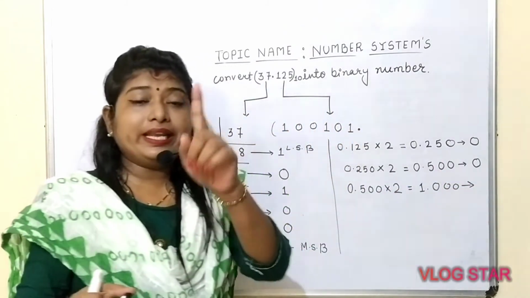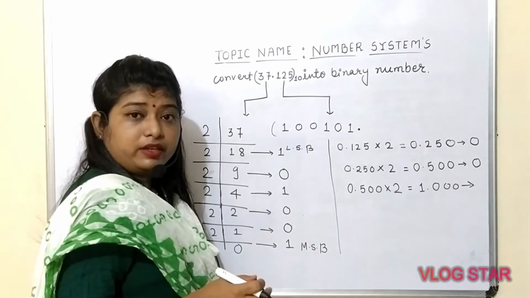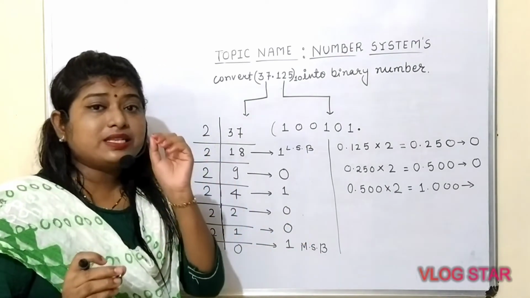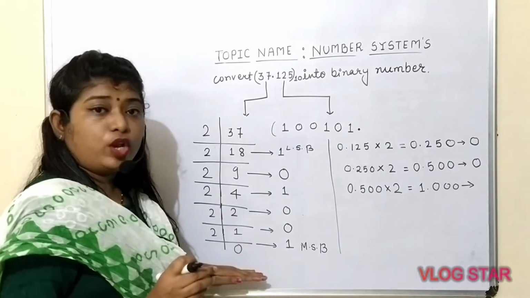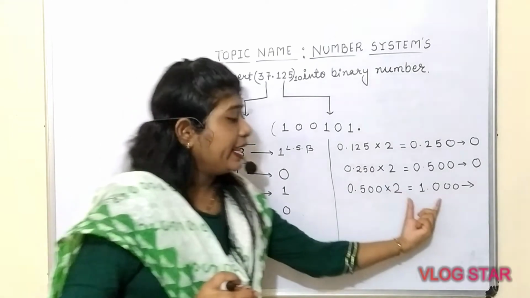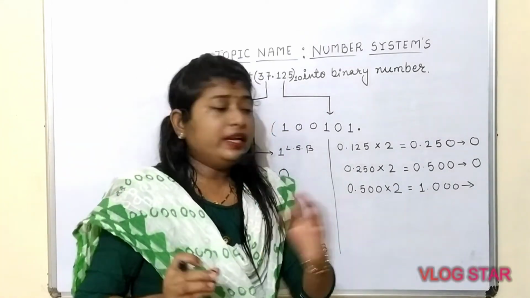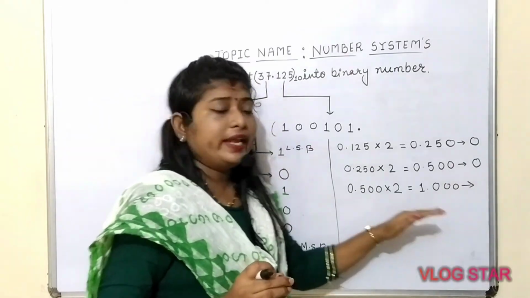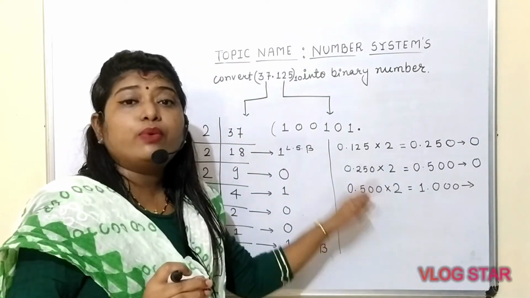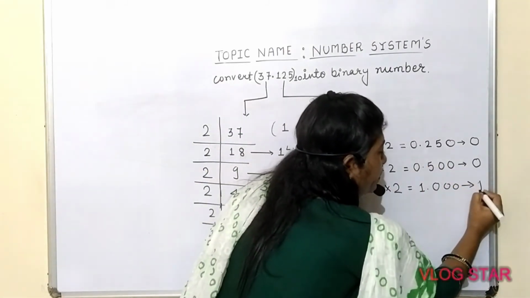As I told you, in case of the binary conversion, after the division here, once you get the 0 as the quotient, that particular moment you have to stop the division. Similarly, in case of the multiplication after decimal point, if you get 000, then at that particular moment you have to stop the multiplication.